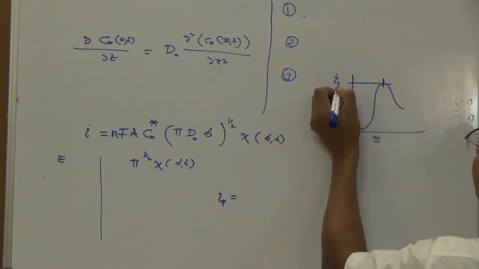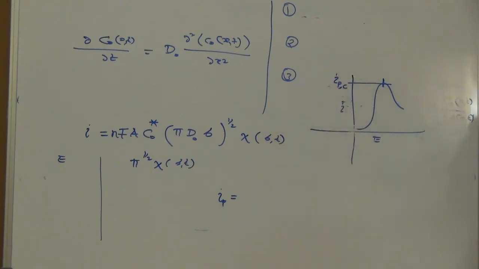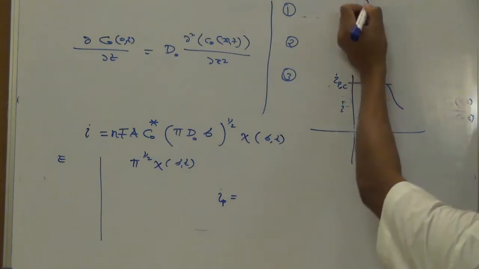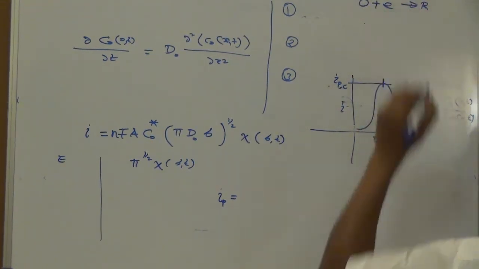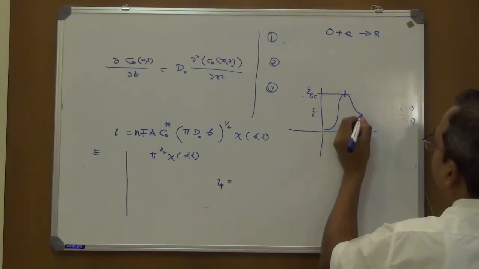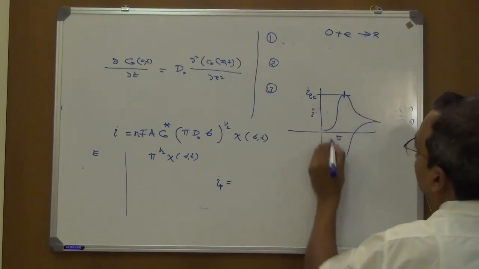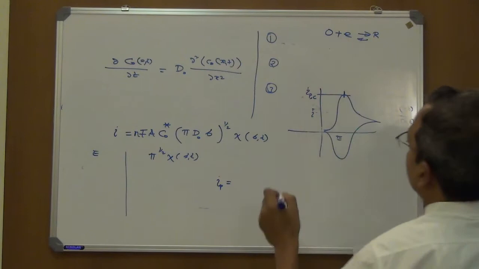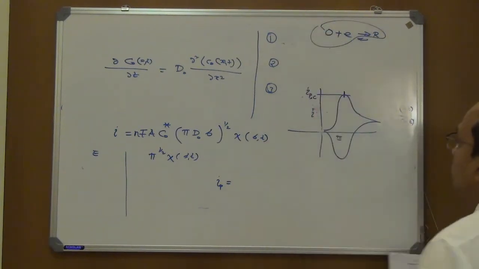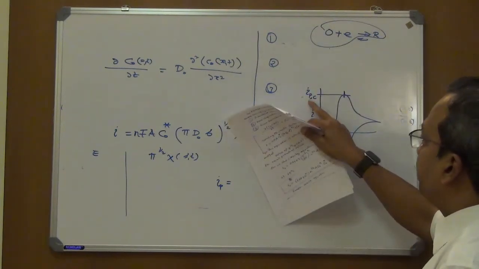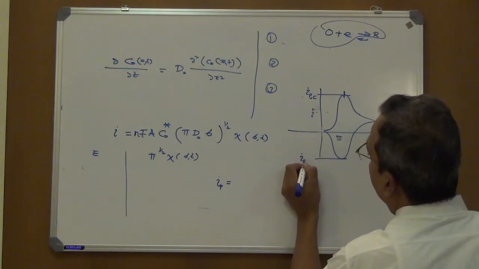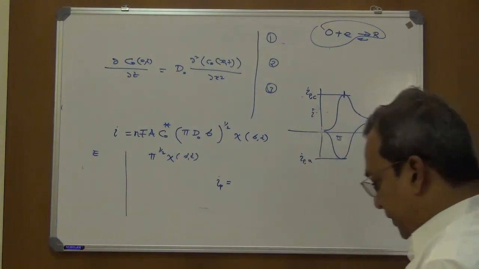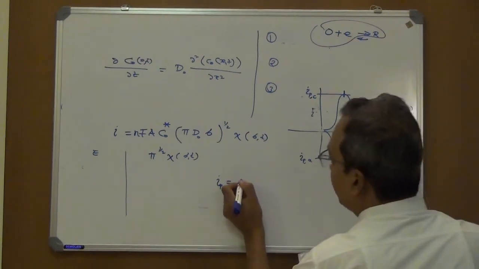I can call this the peak cathodic current, because I am studying the reduction reaction, O plus e goes to R, for the forward sweep, and I get the reverse sweep as well. So I am talking now about the forward: this is called peak cathodic current and this is called peak anodic current.